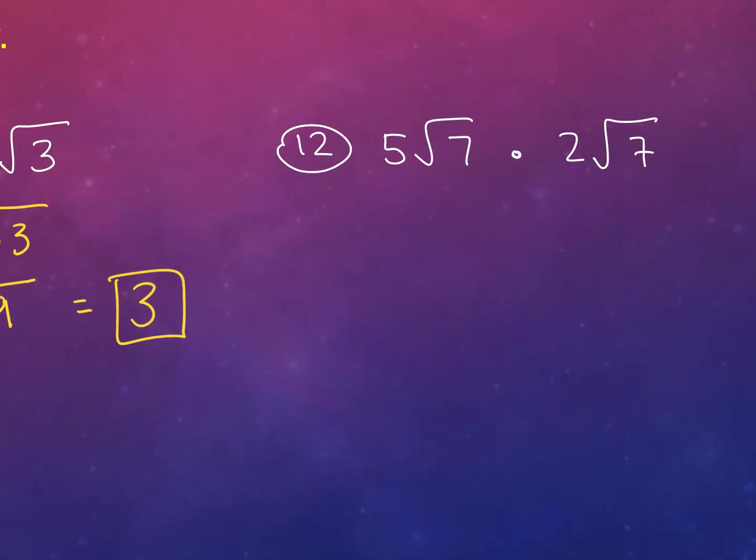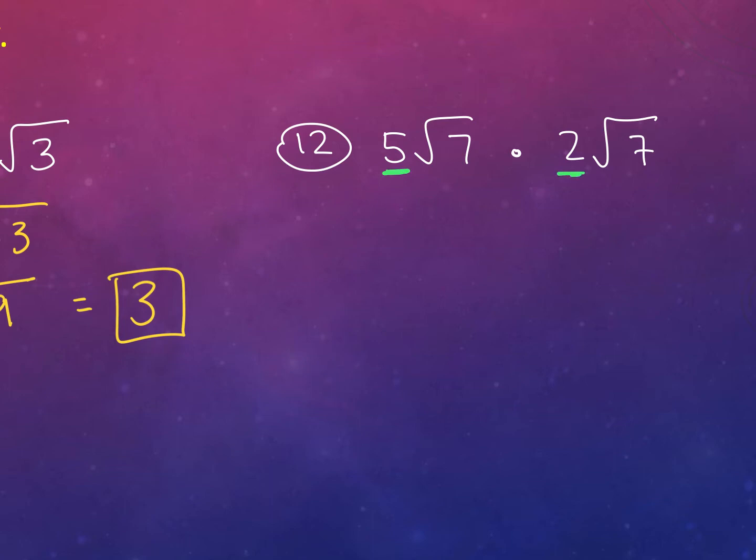All right, 11, we're doing the same thing, but we have numbers out front. So the two numbers that are out front get multiplied together because I'm multiplying. So 5 times 2 would be 10. Those stay out front. The numbers on the inside go together.